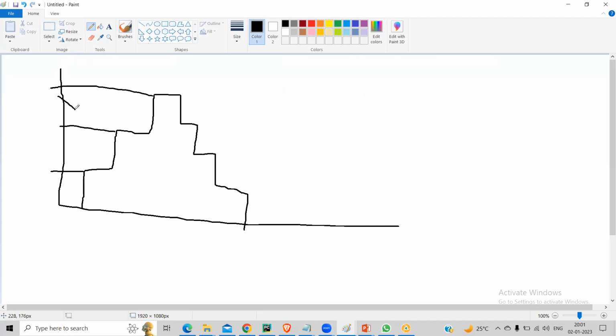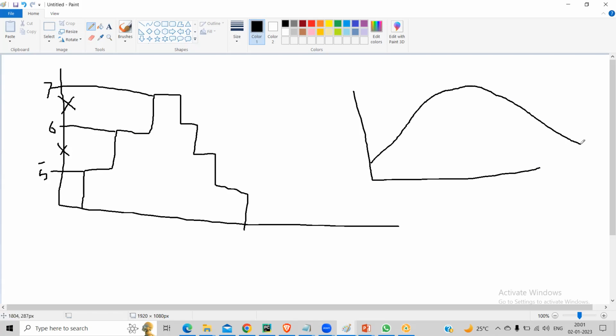Between this point and this point, it is not possible to get this value. If this is 5, and this is 6, and this is 7, it's not possible to get anything between 6 and 7. So generally, discrete data will be like steps. Continuous data will be like a line, like this. If this is your 5 and this is your 6, here also these values are possible. Anything is possible. So this is called continuous data.